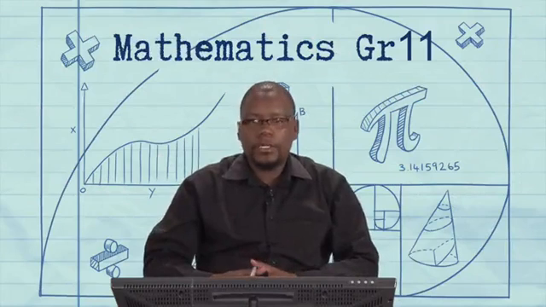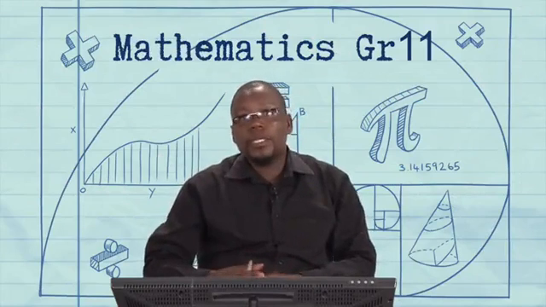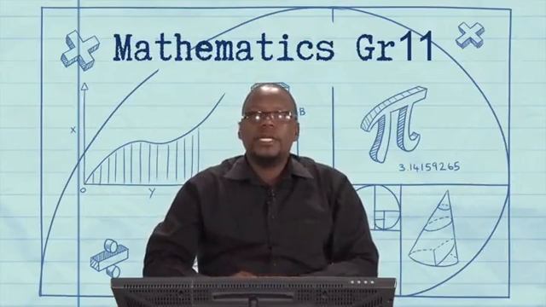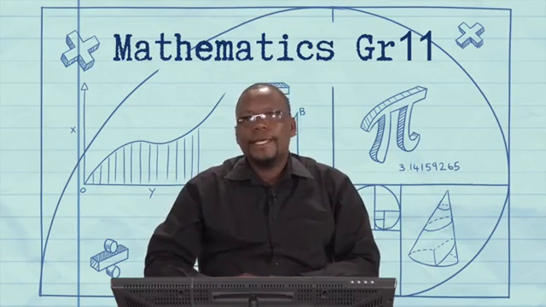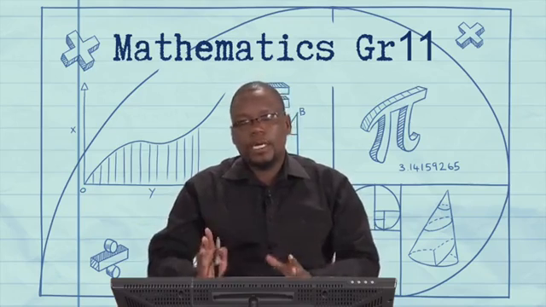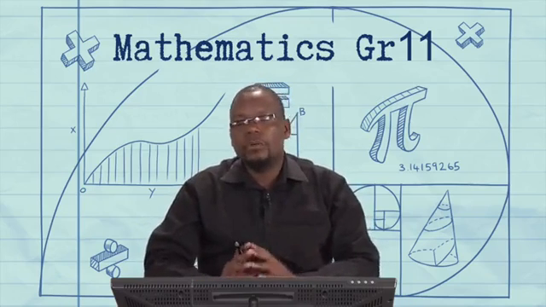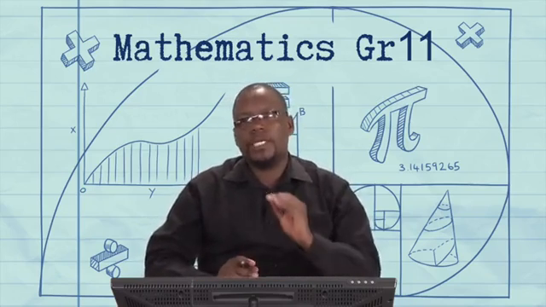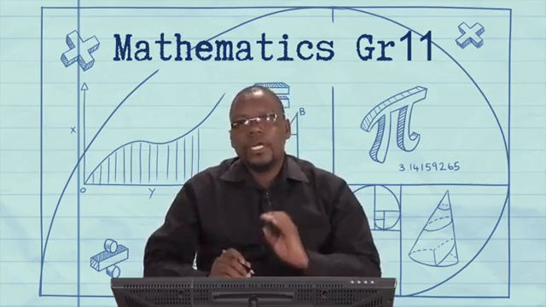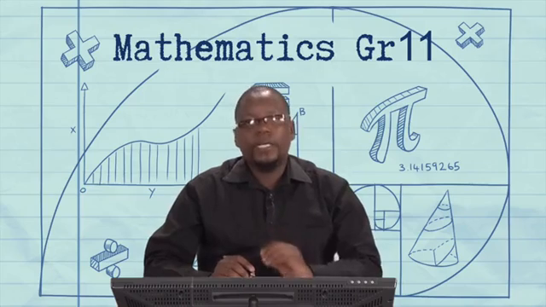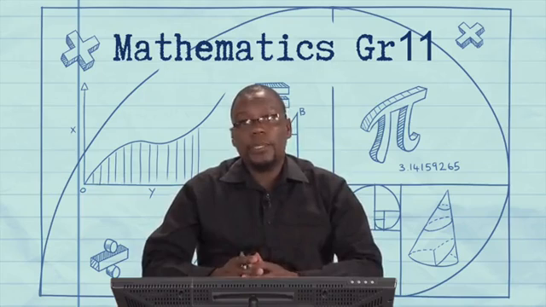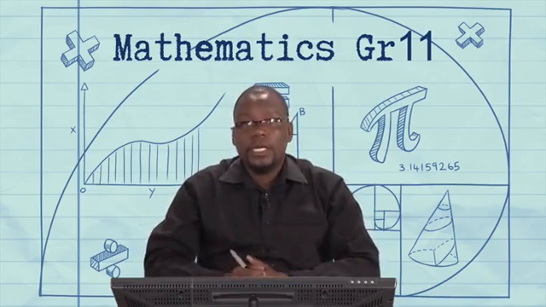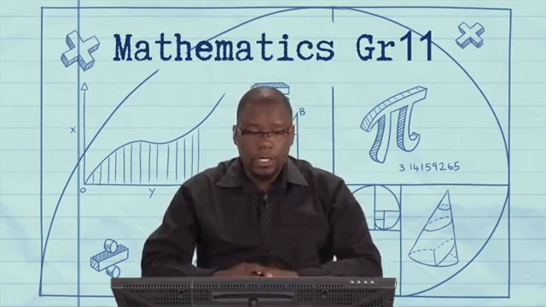Welcome back, grade 11s. I think you're a little bit refreshed and you are excited about this topic. And guys, no matter how the shape looks like, if you know when to apply these formulas, if you can be able to see what kind of a shape, you will be fine. You are given these formulas in your formula sheet, but please make sure that you practice them before you write your exam.